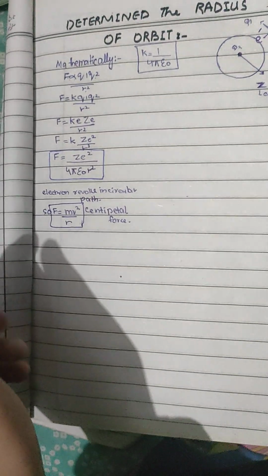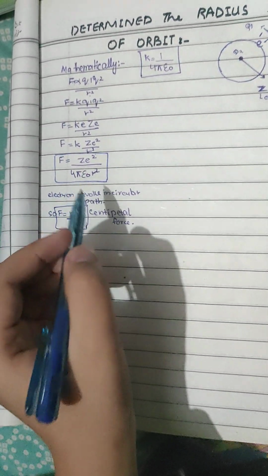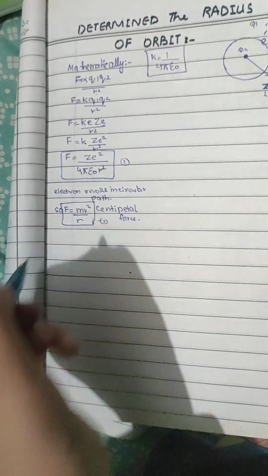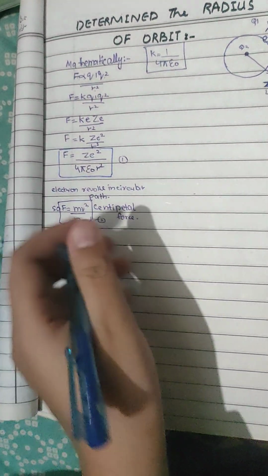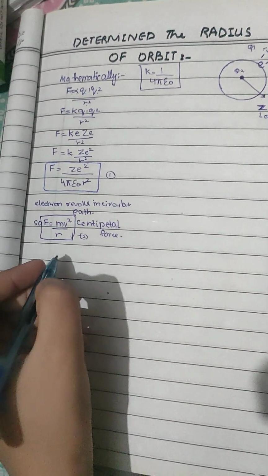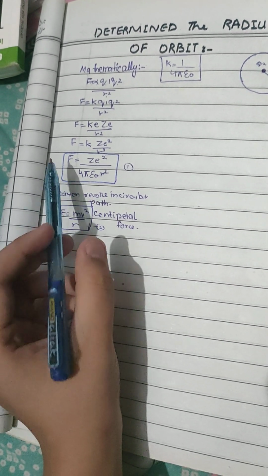Okay. Now again, we're going to compare both equations. Equation number 1 and 2, we're going to compare both equations. So let me compare these. Here you can see this is F, this is F. So shall I put this value on this F?